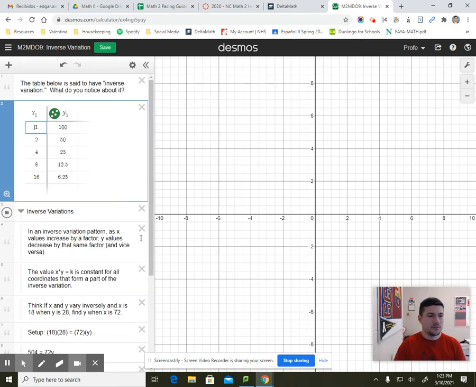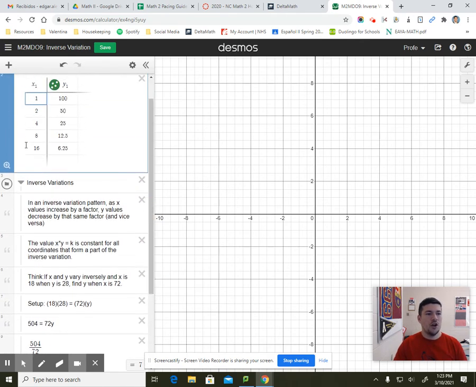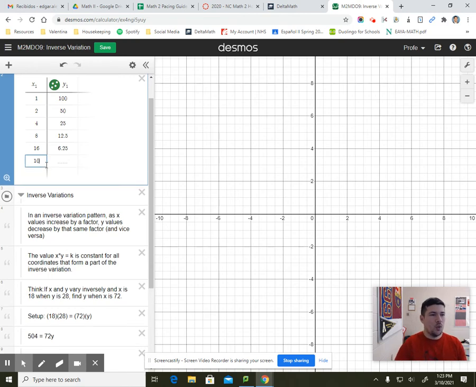Let's get started. What we're going to try to do is find coordinates. If I had a random one, the value 10, what should be the output for the value 10?